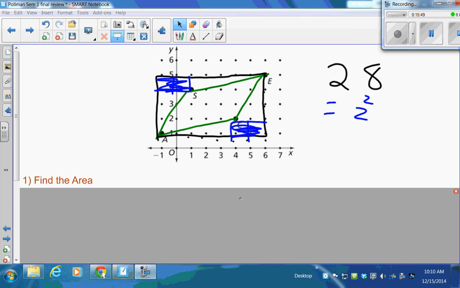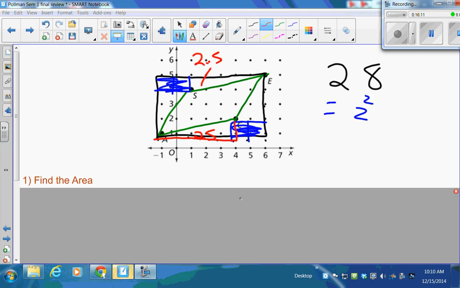Now, if I look on the bottom in red, 1, 2, 3, 4, 5, 1. 5 times 1 is 5. We have to find the area, divided by 2, 1/2 base times height. My area of my bottom one is 2.5, which means my area of this one is also 2.5. When I put 2.5 and 2.5 together, I get 5, so I can cut out 5 more.